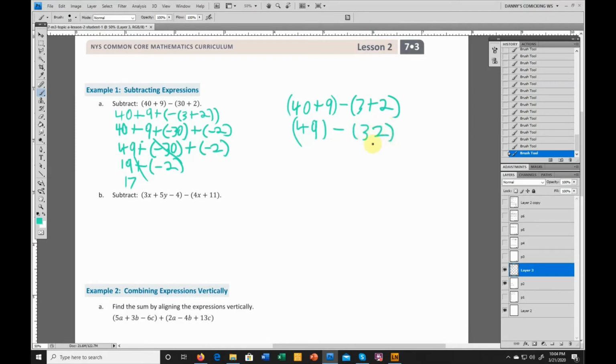The parentheses just help us show what we've done in this case. This should be a 30, I'm sorry. We've added 30 to 2. We've added 40 to 9, and we've come up with 49 and 32. That's pretty simple. That equals 17.